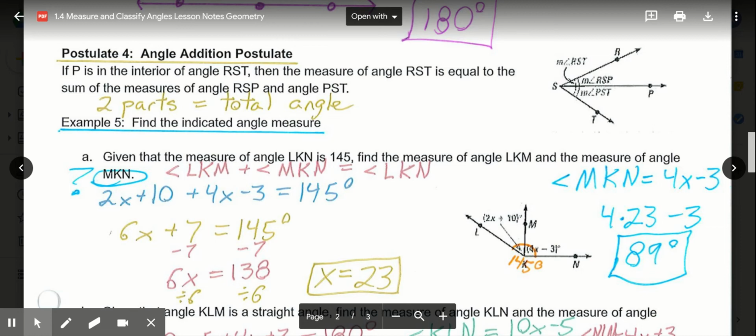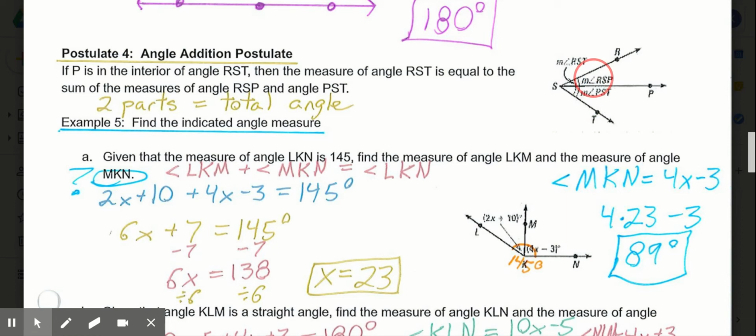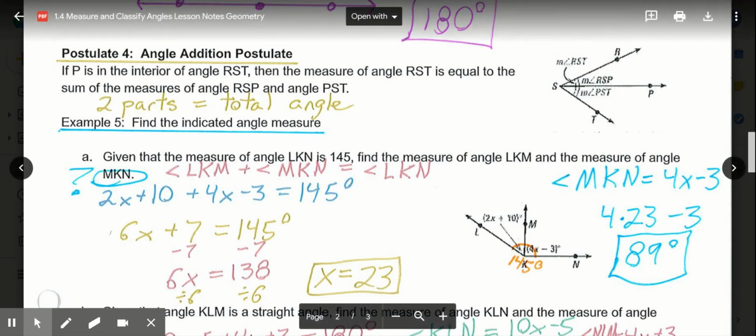Then what that postulate says is angle RST, the big angle, is equal to the sum of RSP and PST. So simply put, the two parts, this angle and this angle, added together give us our total angle. That's the angle addition postulate.